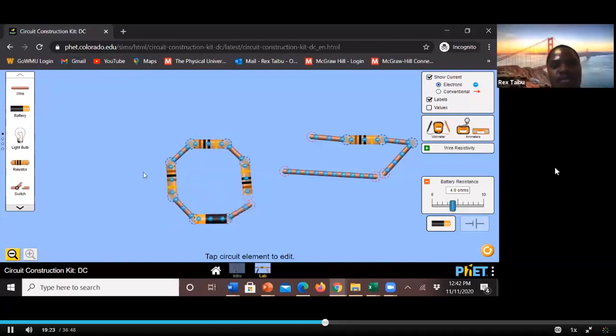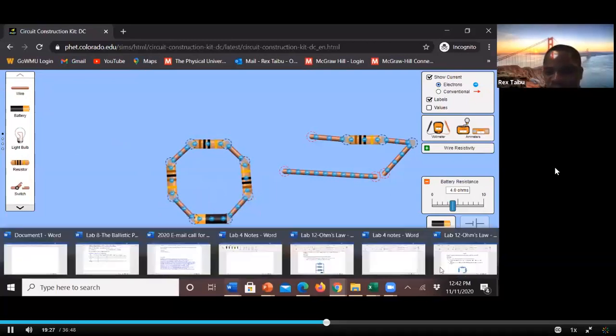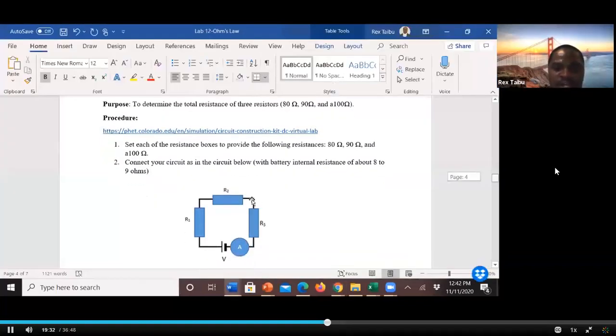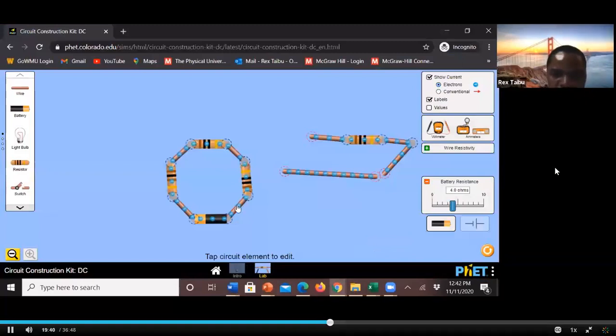So that's a series circuit. It's like a loop. I'm trying to mimic this circuit right here. You don't have to have the corners. Oh, there is also an ammeter, so let's put an ammeter there, a current reader. Somewhere here, we're going to break the circuit and put our ammeter.